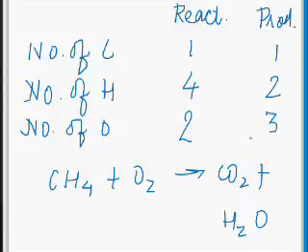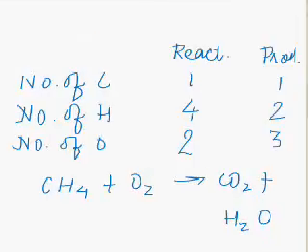So the number of carbon atoms is equal on both sides, that is 1. But the number of hydrogen atoms and oxygen atoms are not equal. There are 4 hydrogen atoms on the left side but only 2 on the right side.